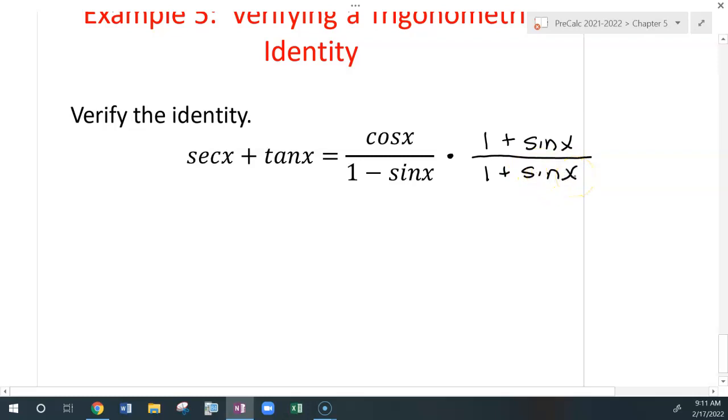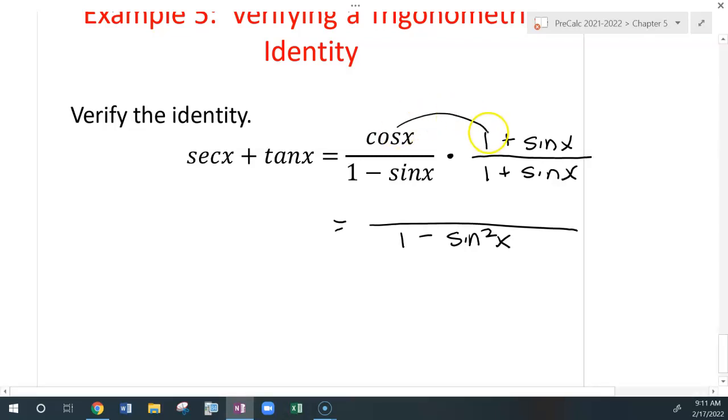This is similar to what we've done before when we were multiplying numerator and denominator by the conjugate. And the reason I'm doing this is in my denominator, when I multiply this out, I'm going to get 1 minus sine squared x. And we can easily plug in a Pythagorean identity for that one.